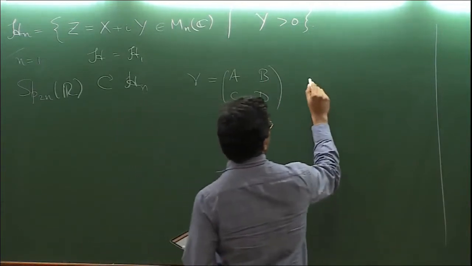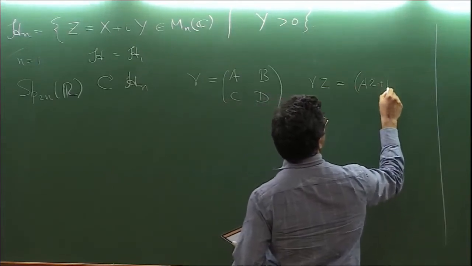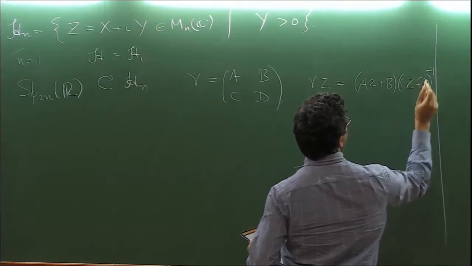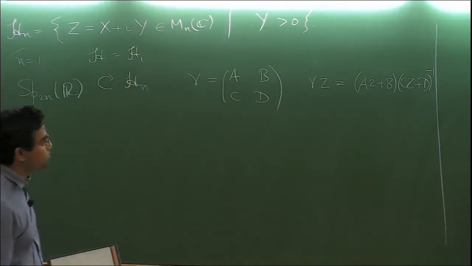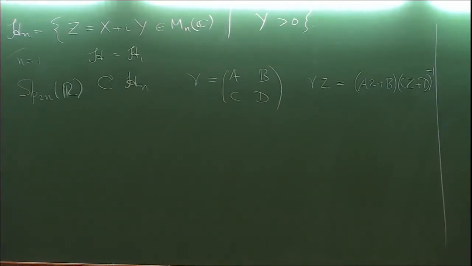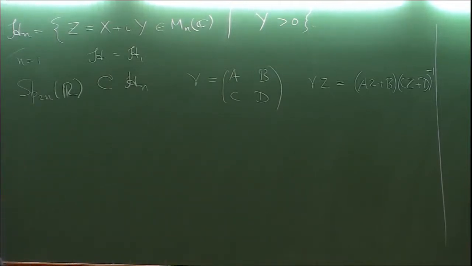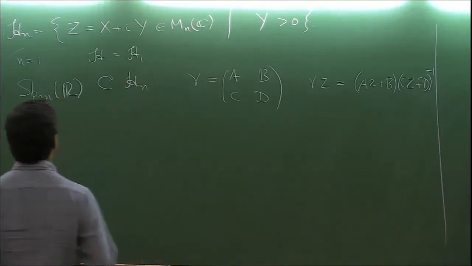Then gamma acting on Z is (AZ plus B) times (CZ plus D) inverse. Okay, so this is the usual Mobius transformation when n is 1. Okay, and because it's a matrix, I have to be careful where I put my inverse.